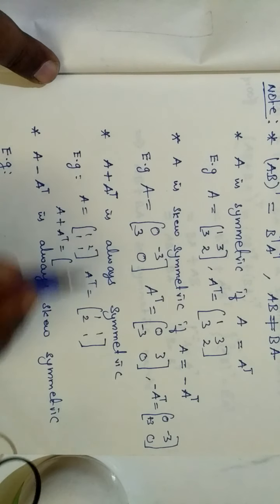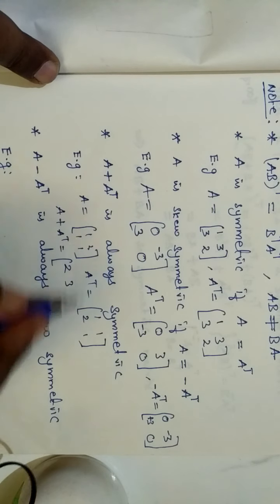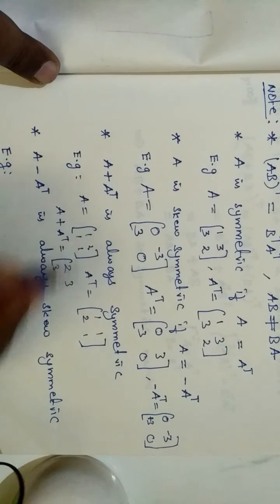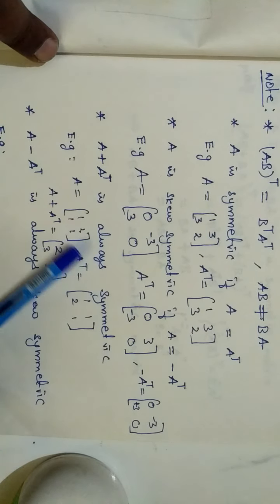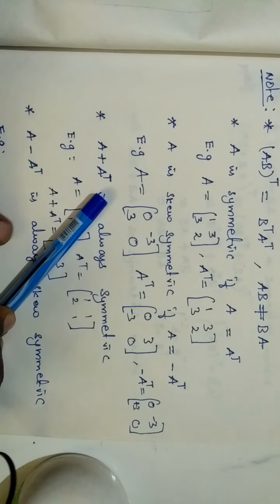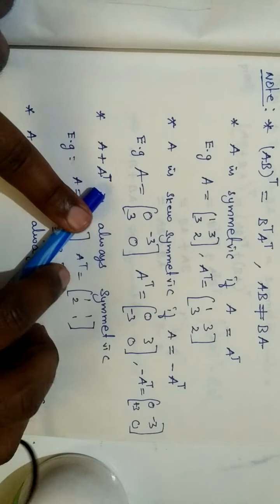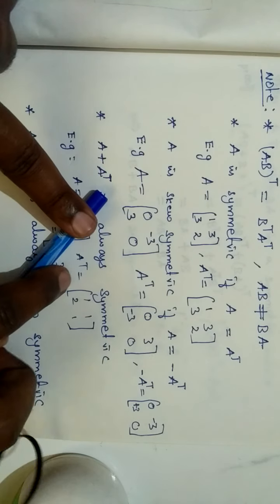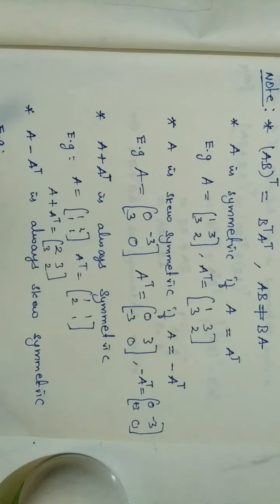By adding, 1 and 1 you get 2, and this one is 3, 1 and this one 3, and 1 and this one is 2. Now you can see A plus A transpose is a symmetric matrix, because across the diagonal, this element is reflected over here. It's here also 3, there also 3, or here also 5, there also 5. If you get like that, then this matrix is a symmetric matrix.